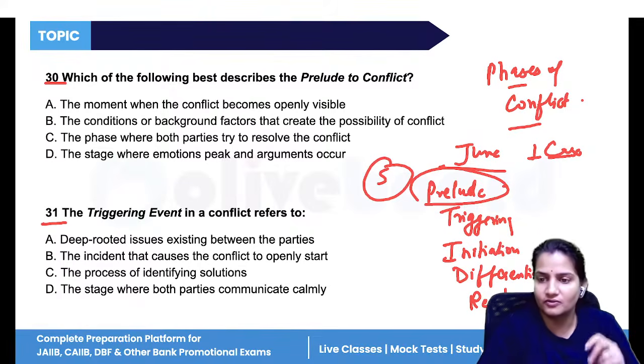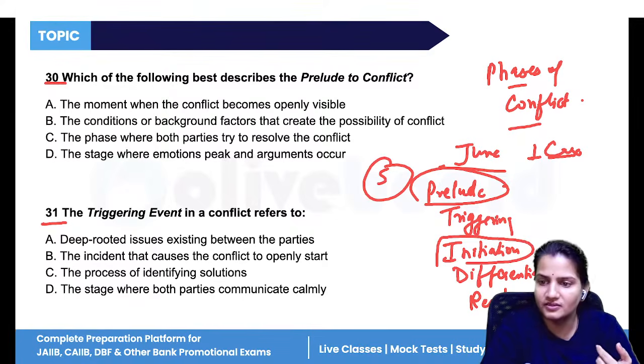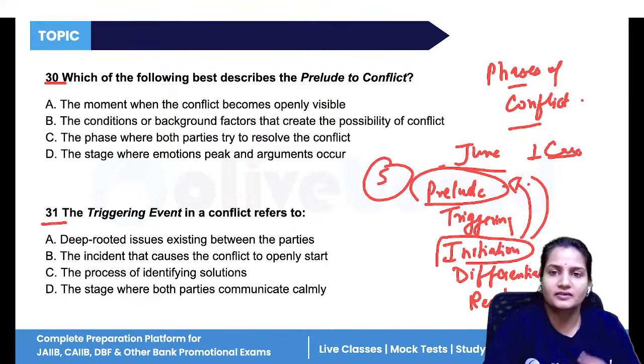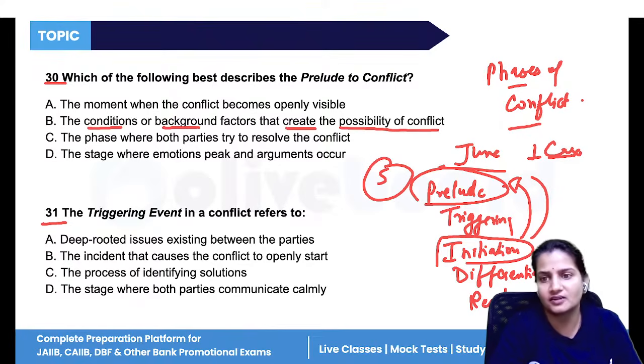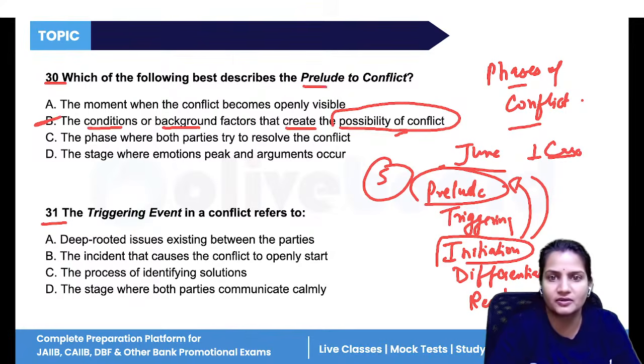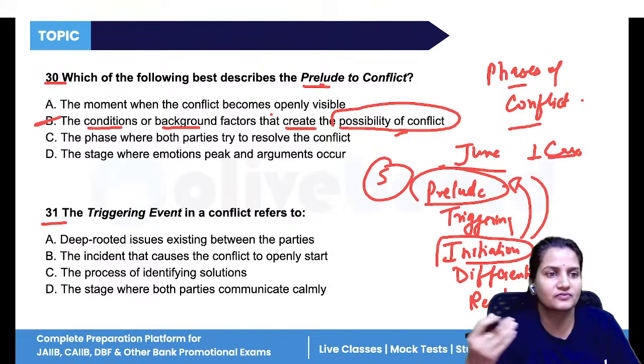Conflict will start from the initiation phase, but before this, there are certain things that impact the conflict to happen. In the prelude phase, the conditions or background factors create a chance of conflict in future. So the possibility of conflict is in the prelude stage. Conflict has not started, only the possibility is there that it will start in future.